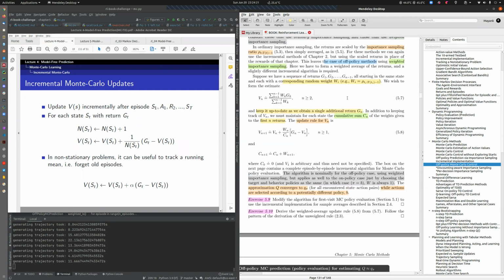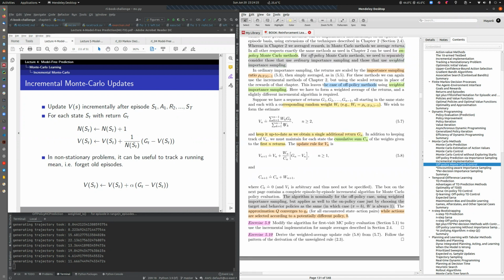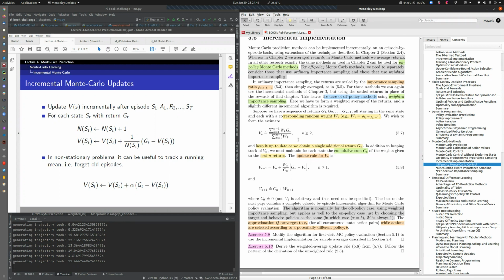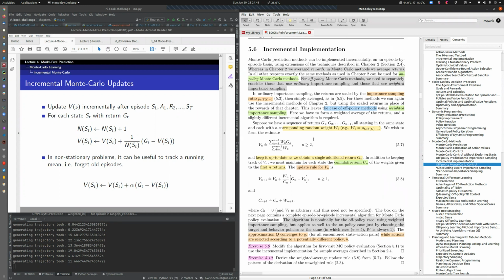This is with respect to the equation with the corresponding random weights and the sequence of returns, which they use for off-policy Monte Carlo methods.